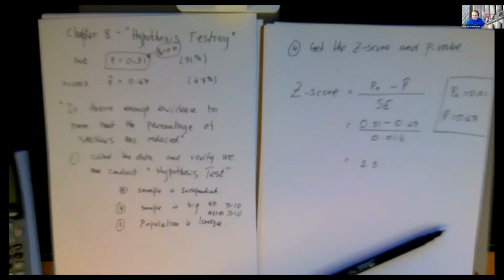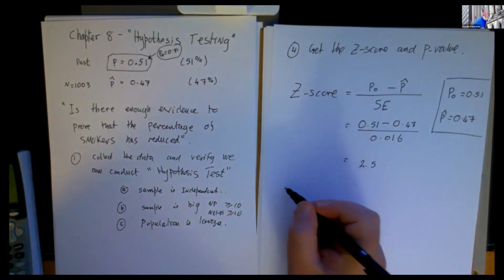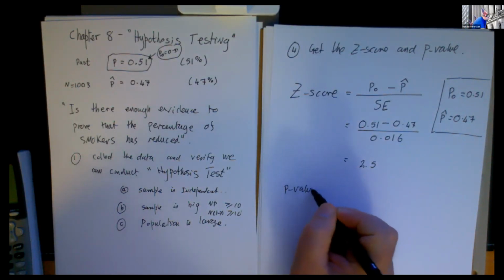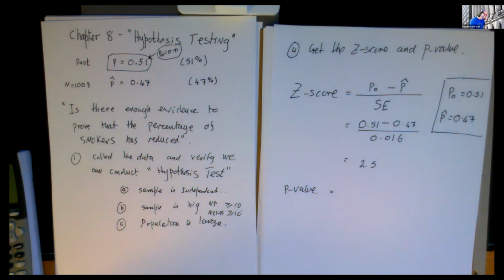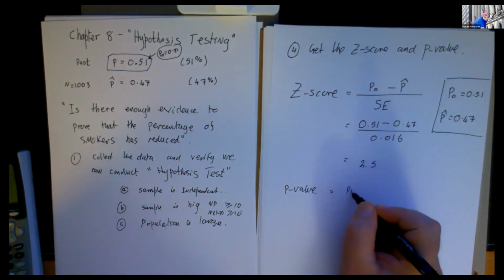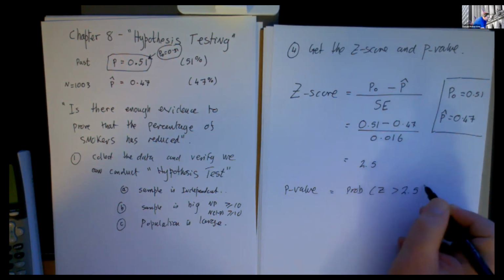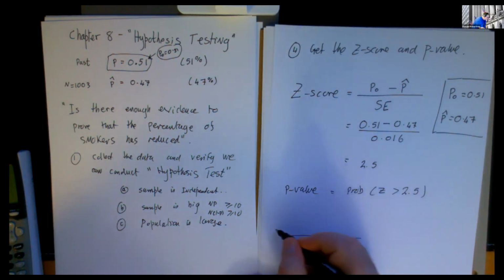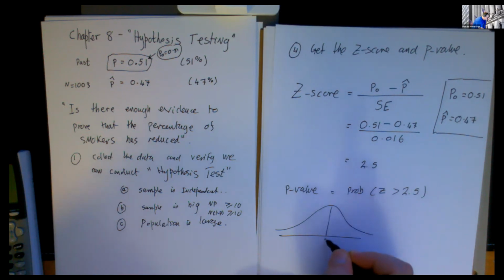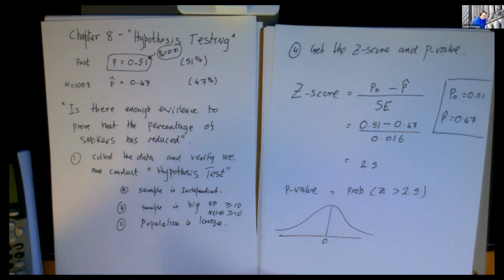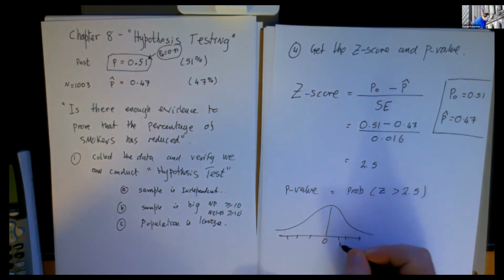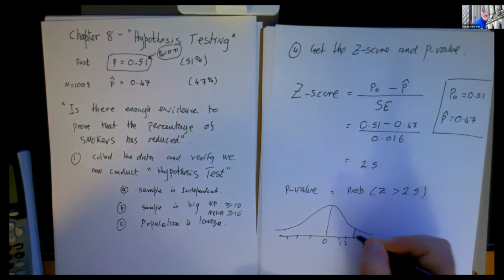So we're going to get this guy called the p-value now. In this case, it's what's the probability that you get a Z-score greater than 2.5. So if I draw a little picture, there's a Z. You remember the Z's go 0, 1, 2, 3 kind of thing. So 1, 2, 3, it's roughly about here.